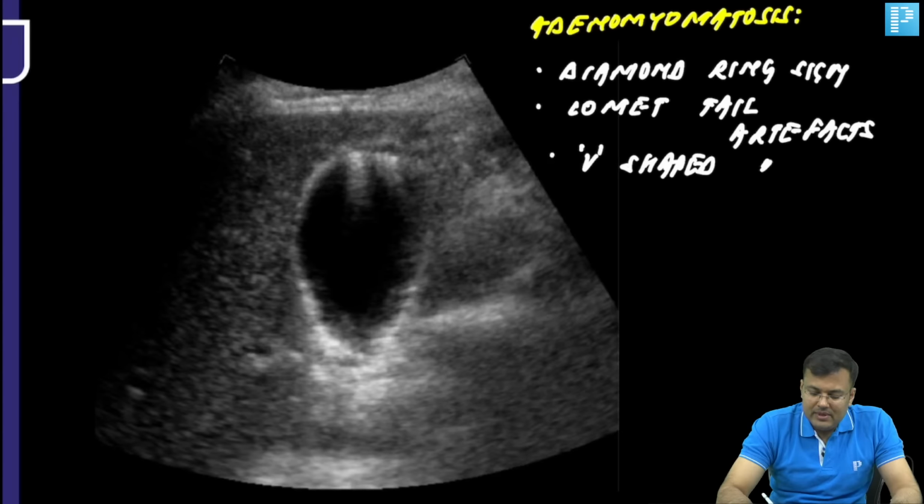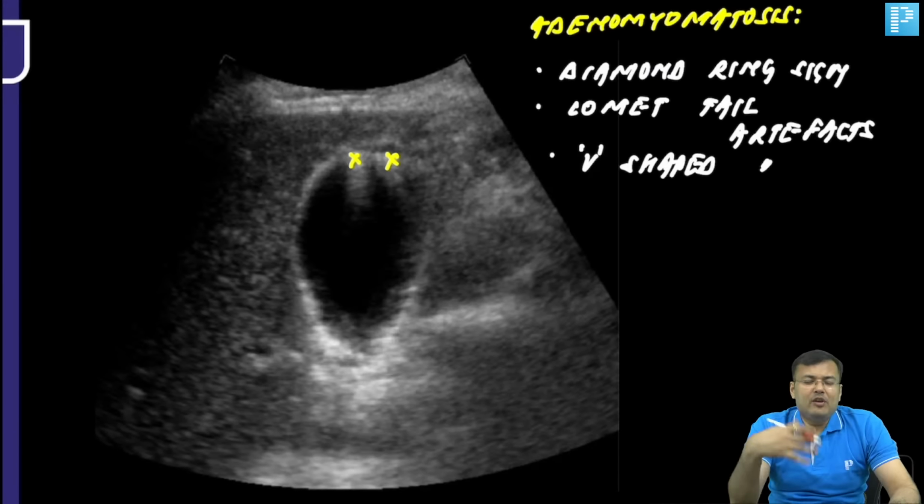So, here what is the problem? There is deposition of cholesterol crystal in Rokitansky-Aschoff sinuses. When you perform ultrasound, it looks like diamond ring, comet tail artifacts or V-shaped artifacts. Diagnosis, adenomyomatosis.